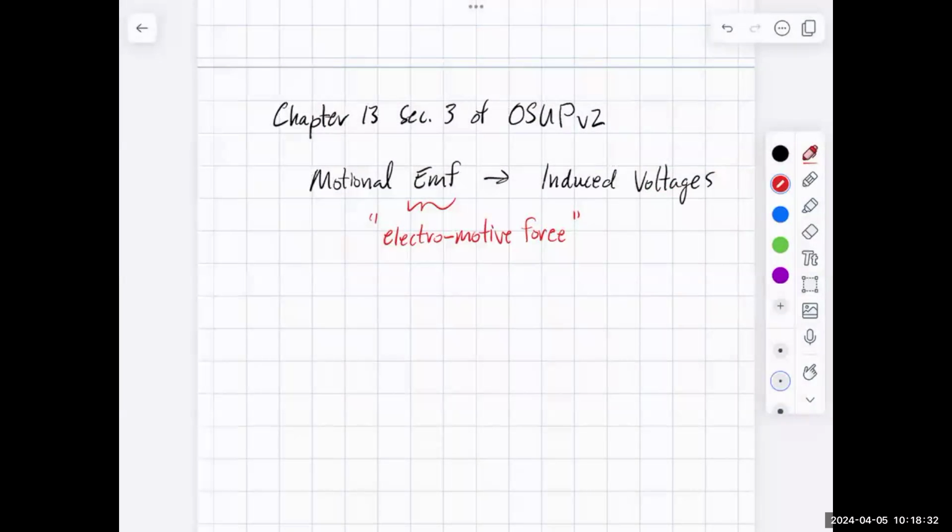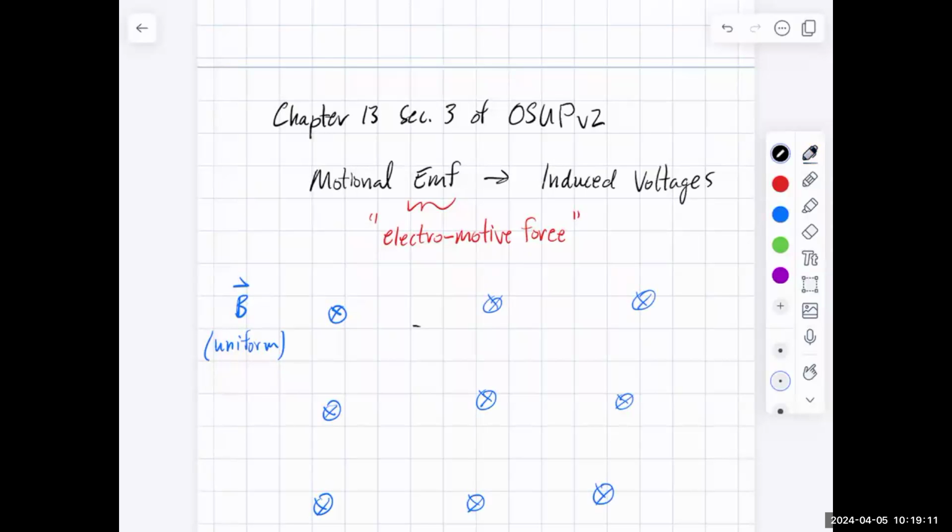The way to understand it, to begin with, is pretty simple, actually. What we're going to do is make a uniform magnetic field. I'll make my magnetic field blue, and we'll say that it's uniform. I'm going to make my magnetic field go into the screen, so we'll just draw these magnetic field lines going into the screen, like so. Then we're going to take a conducting bar, and we're going to place it in this magnetic field.